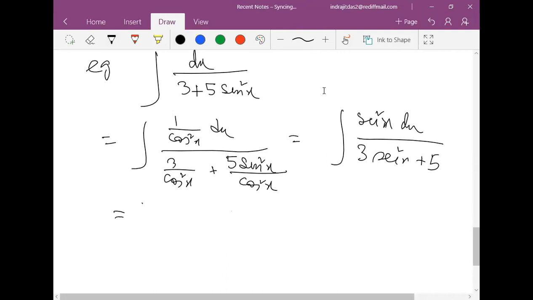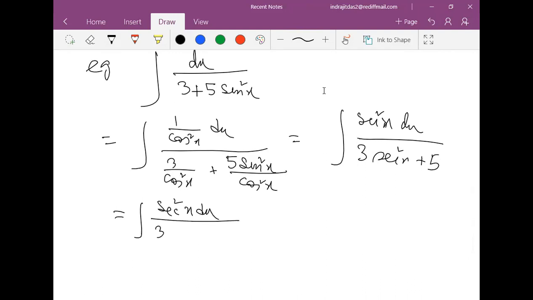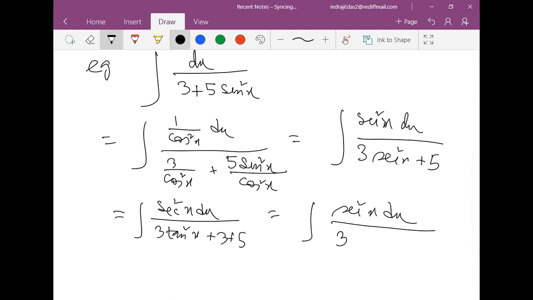Same method. This will be sec square x by 3. I am writing directly. I hope that you are understanding. This will become 3 tan square x plus 3 plus 5. Why plus 5? Because of that last part. So it will be sec square x dx by 3 tan square x plus 8.